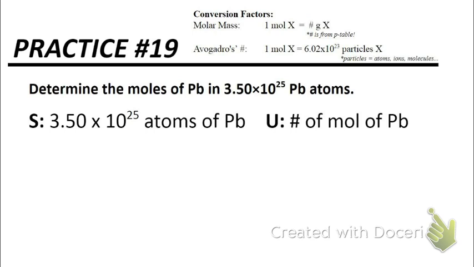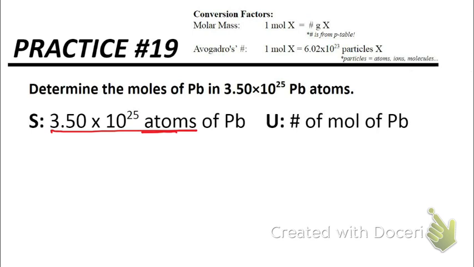Again, we are looking for atoms and moles. So we want to pick a conversion factor that contains both atoms and moles. The molar mass contains moles and grams, and Avogadro's number includes moles and particles. Remember, particles can be atoms, ions, molecules, formula units, whatever.